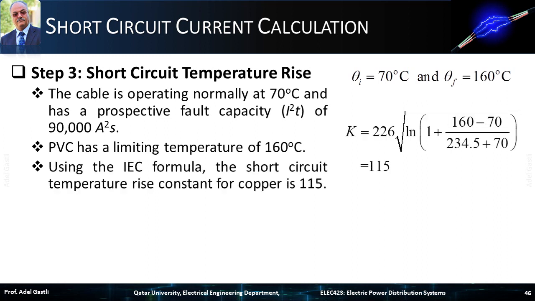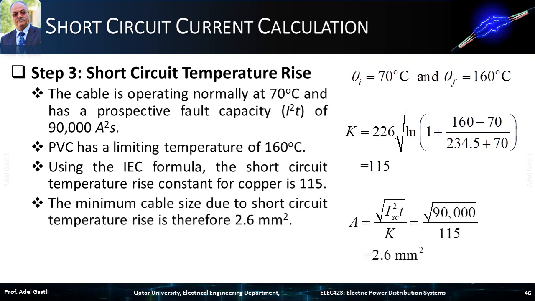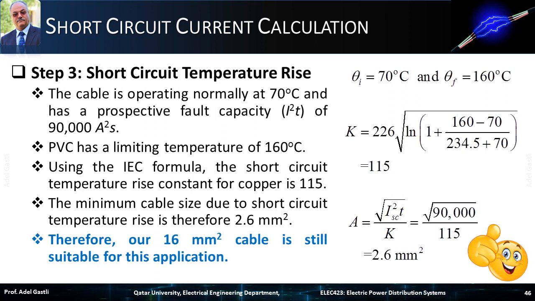Using the IEC formula, the short circuit temperature rise constant for copper can be calculated, and is found equal to 115. The calculated minimum cable size, due to short circuit temperature rise, is therefore 2.6 mm². Therefore, our selected 16 mm² cable is still suitable for this application.